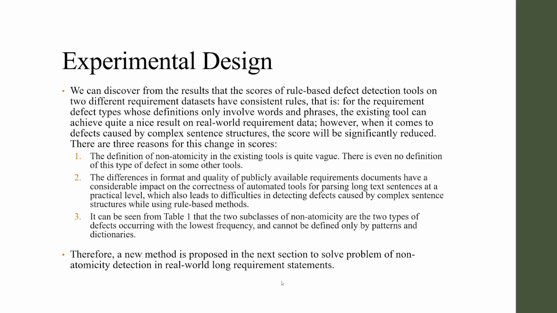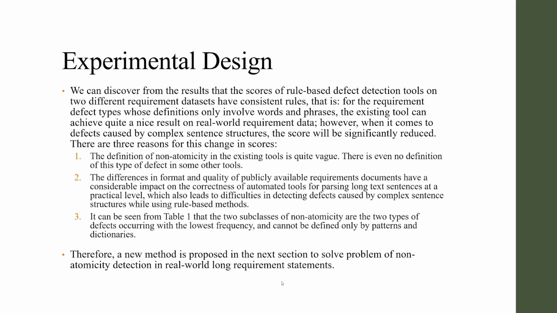However, when it comes to defects caused by complex sentence structures, the score is significantly reduced. There are 3 reasons for this change in scores. Firstly, the definition of non-atomicity in the existing tools is quite vague. There is even no definition of this kind of defect in some other tools.